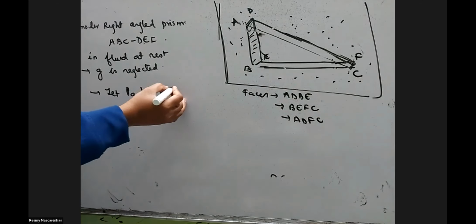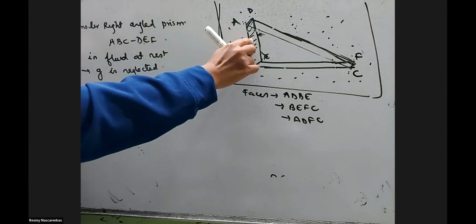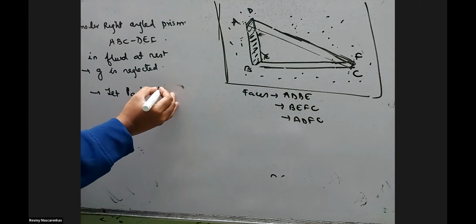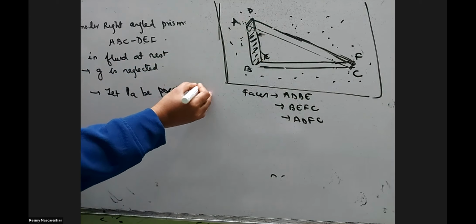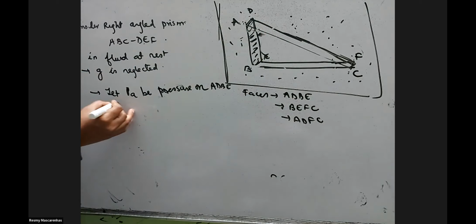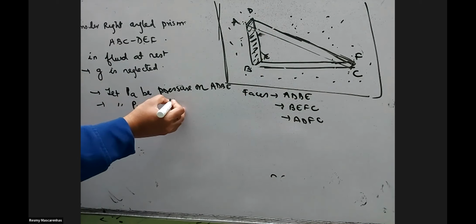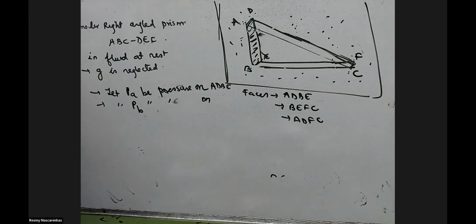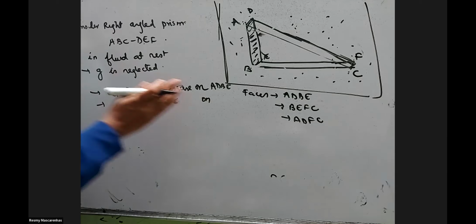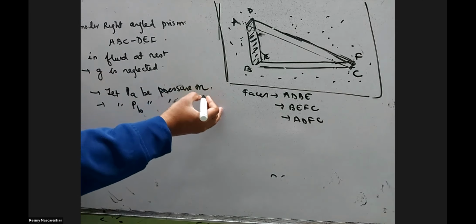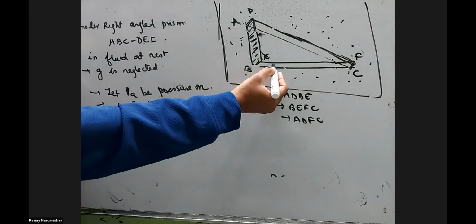So let PA be the pressure. We are applying some pressure on this face now, which I have shaded. Let PA be the pressure on ADB. Same way, let PB be the pressure on BFC, and this will follow the same order as per the notes.